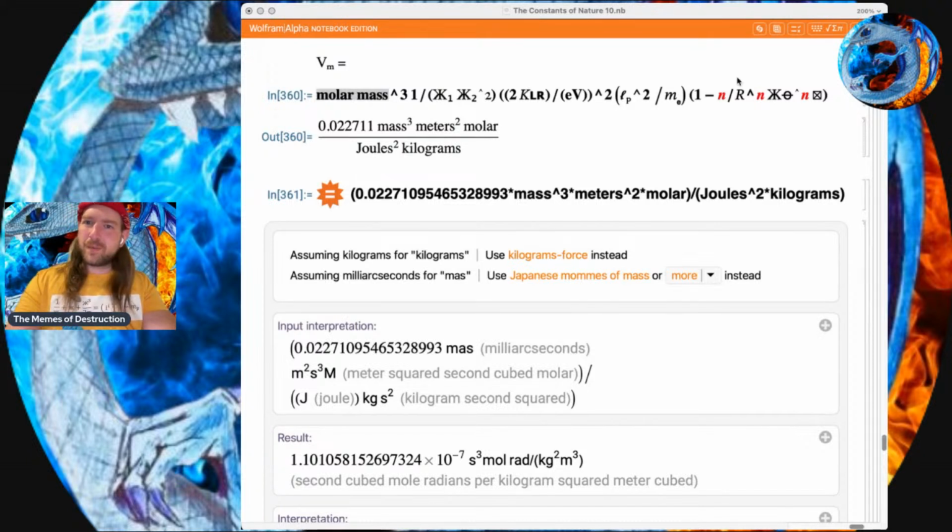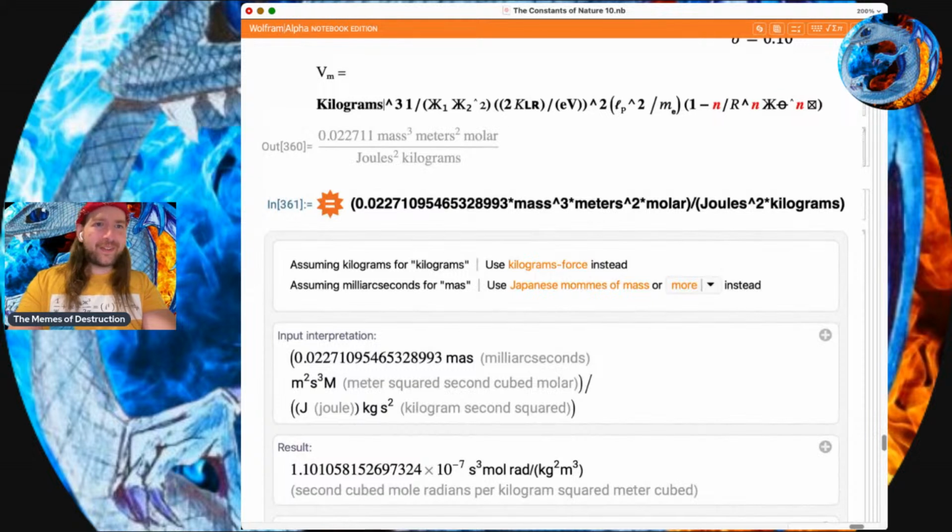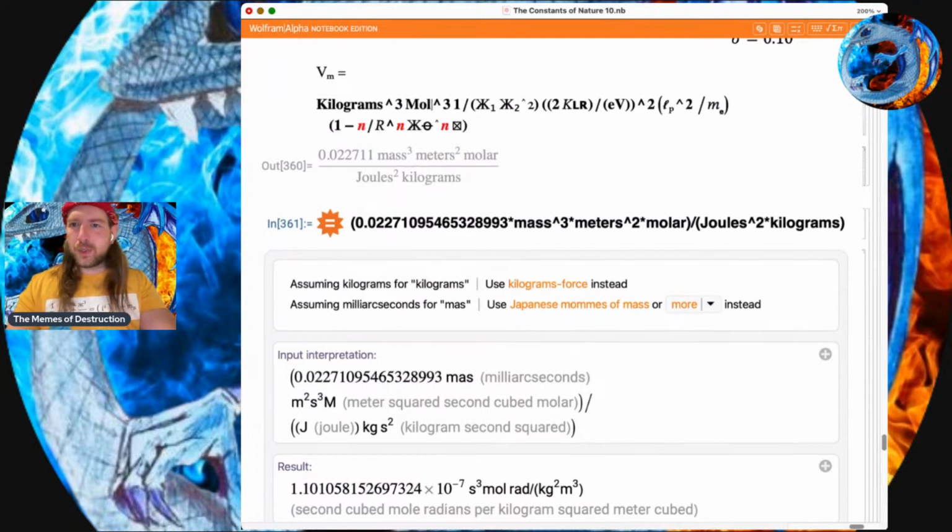No. Molar mass. We need the right units. Kilogram mole. Alright. So, kilograms, raise to 3. Mole, -1.